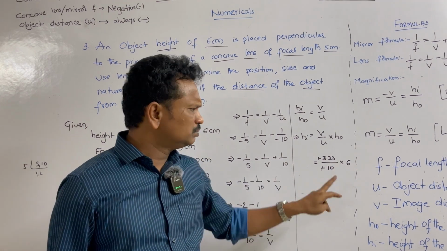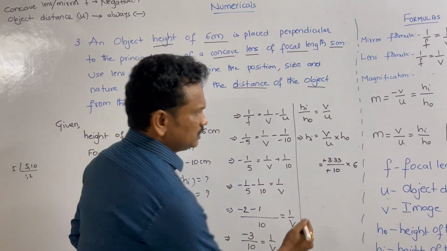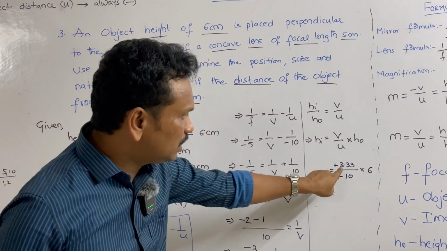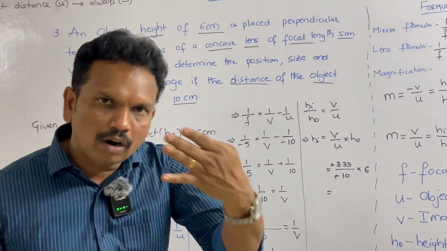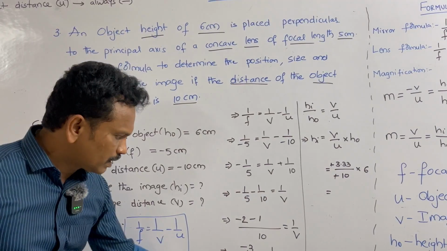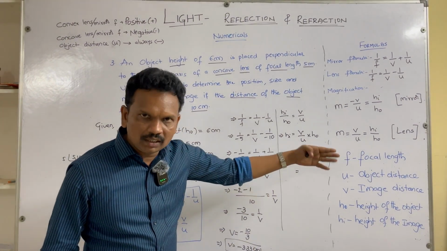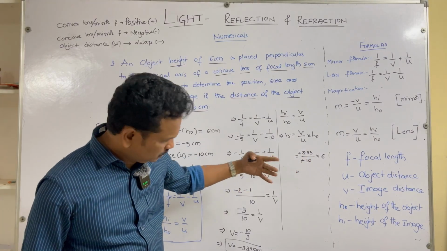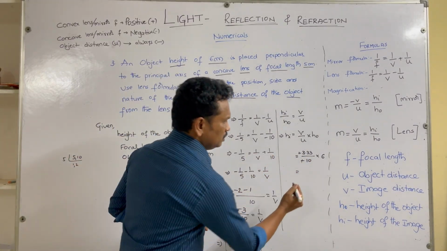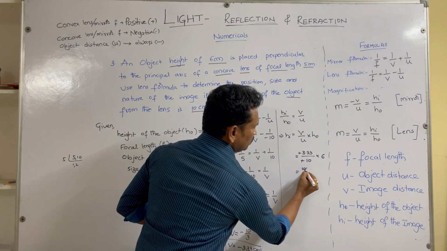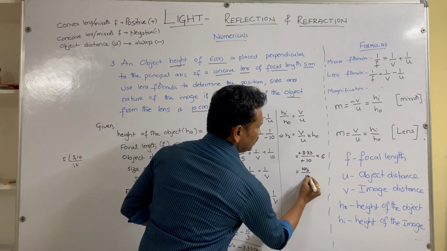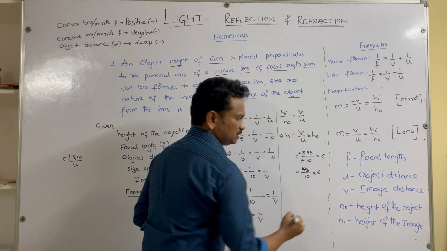It takes a little bit of confusion, so I'll change it. Here the 3.33 value we got from 10 by 3, no. So instead of 3.33 I am writing 10 by 3. 10 by 3 whole by 10 into 6.